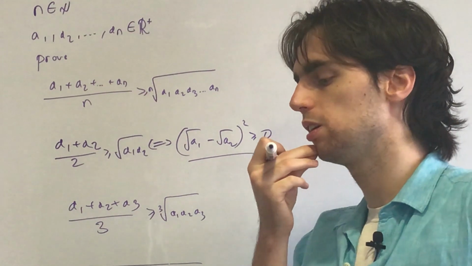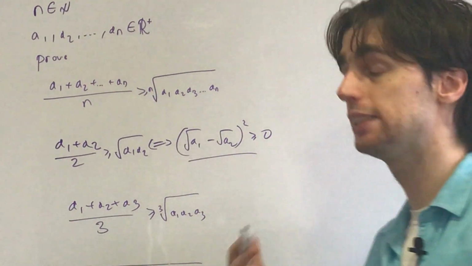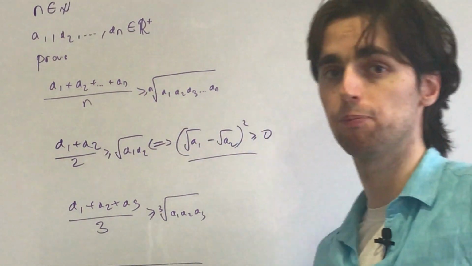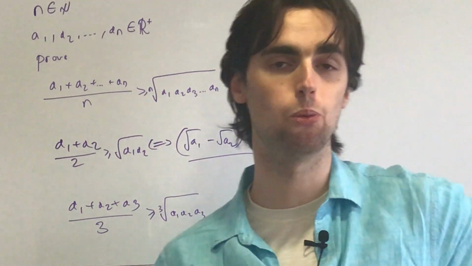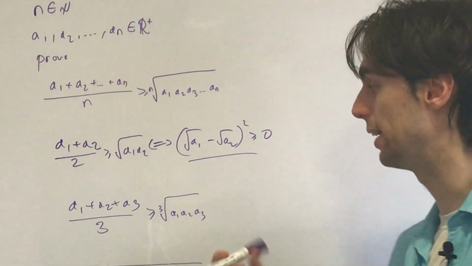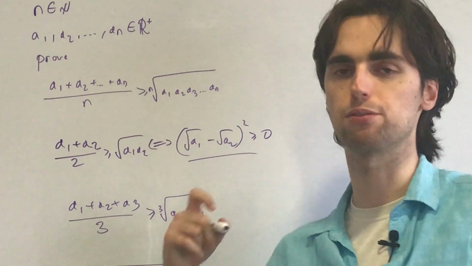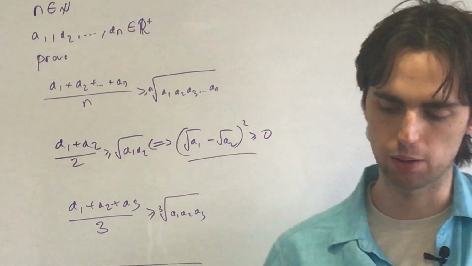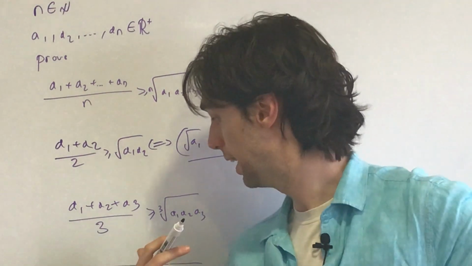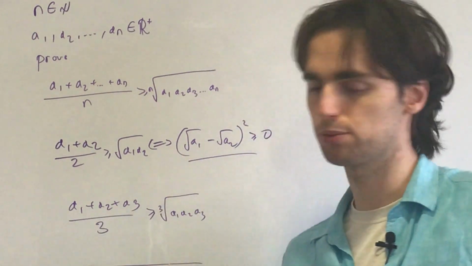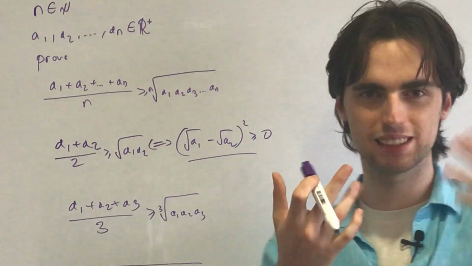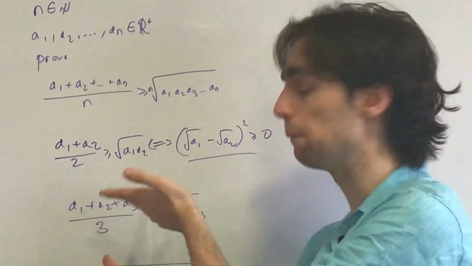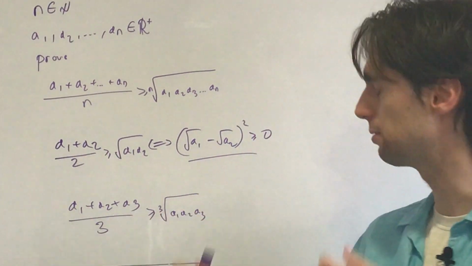Now we could do that, and we would still end up needing to prove that a1 cubed plus a2 cubed plus a3 cubed is greater than or equal to 3 a1 a2 a3. And we would still have to prove really the same thing, just with a different name.